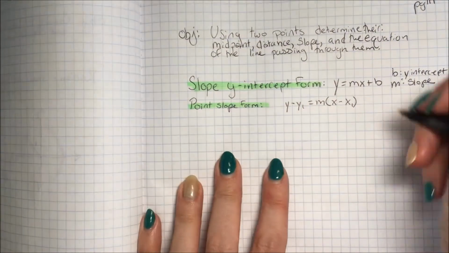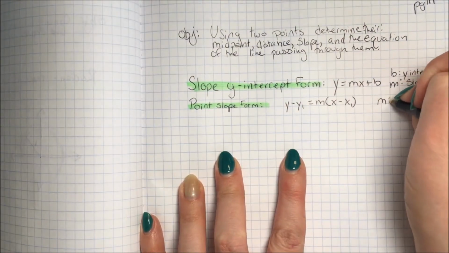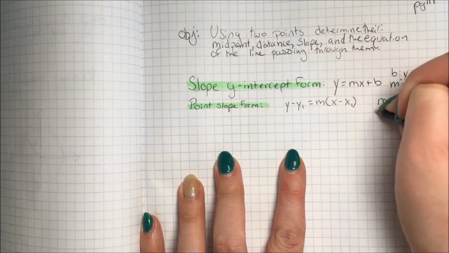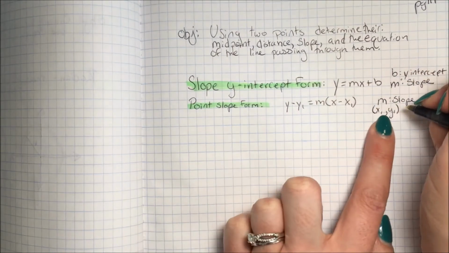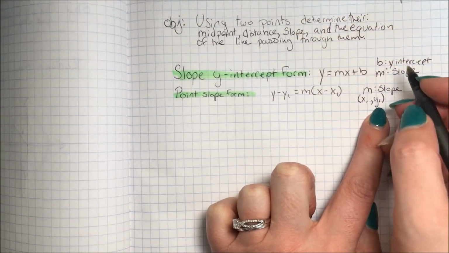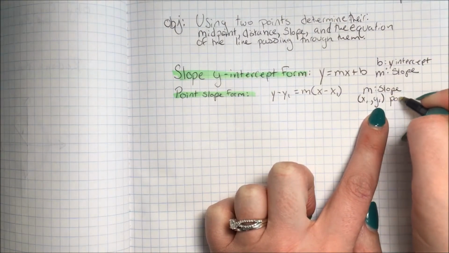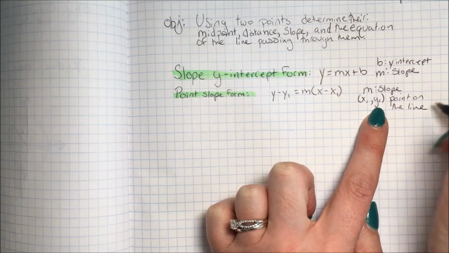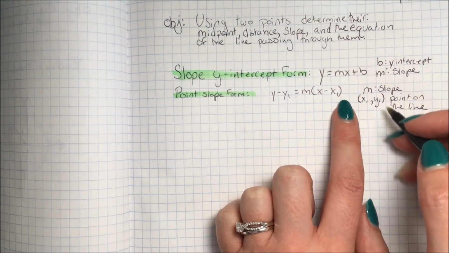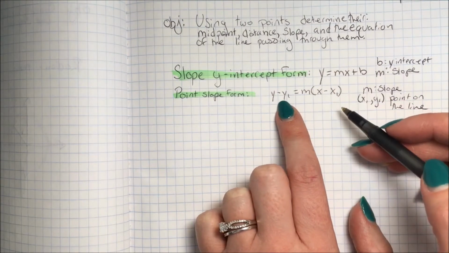Okay. M is the slope again, but x1 and y1, notice the little subscripts I'm putting on? They're the point on the line. So they could just give us a slope and a point, and we would be able to figure out the equation of the line from that.